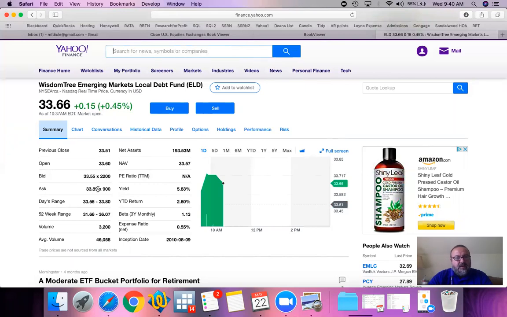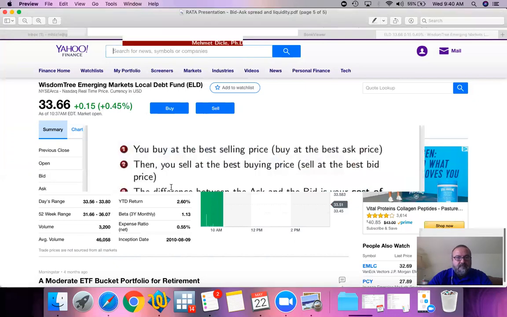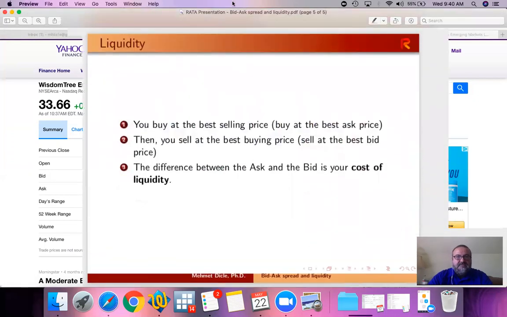Remember, on Apple at $185 a share, we had a 5 cents liquidity cost. On a $33 ETF, we have a 34 cents liquidity cost. That makes this ELD very, very illiquid. And that's it. Thank you.